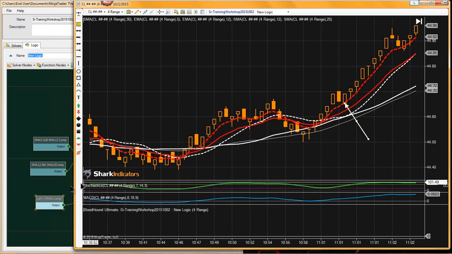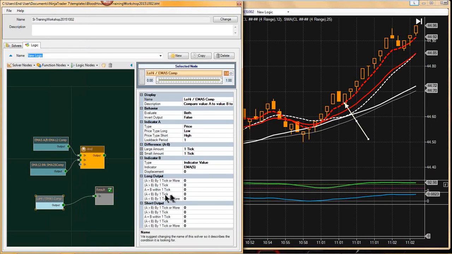So to generate a long signal, we're looking for A. Remember, A is either the low price or the high price, but for the long outputs, right here where it says price type long, A is going to be the low price.